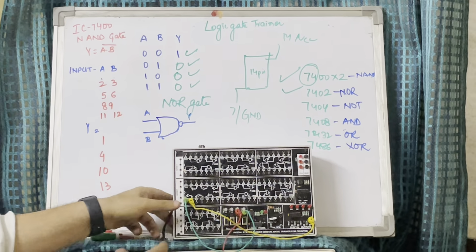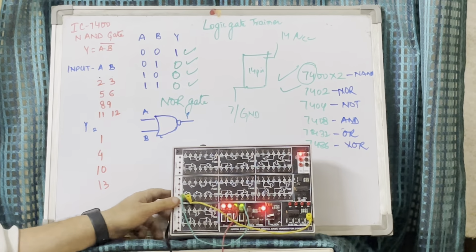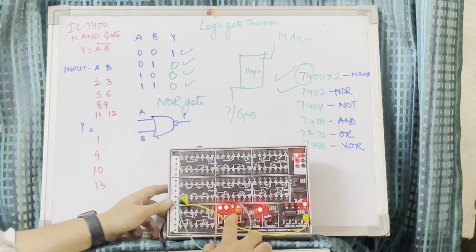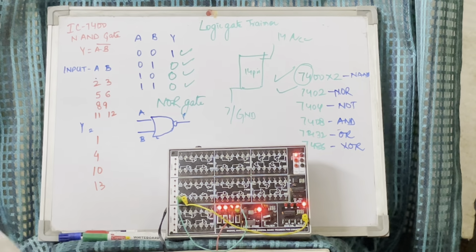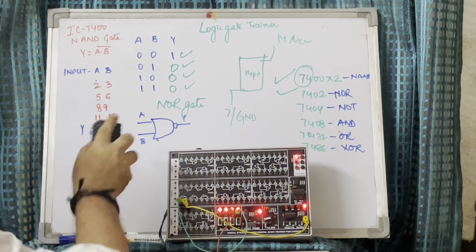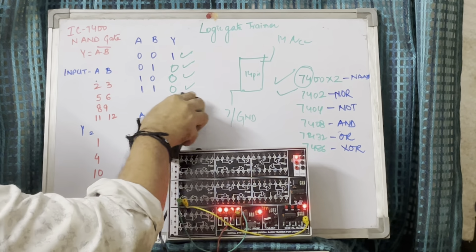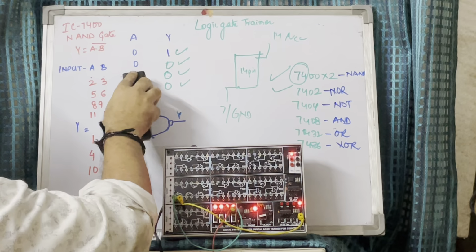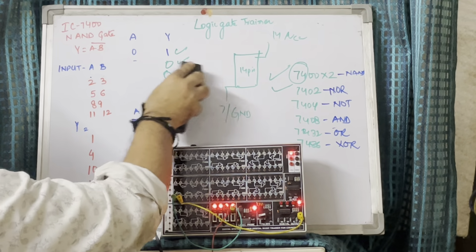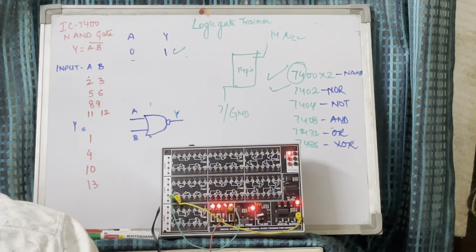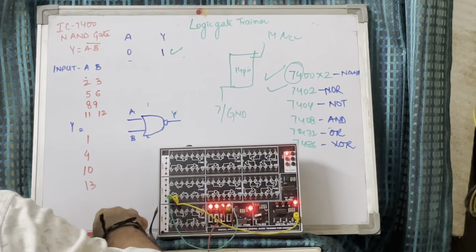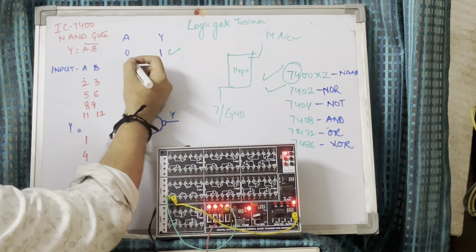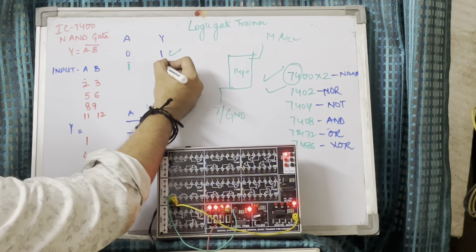Now that we have made the connection, let me make the truth table. There is only one input and there can be only two states, one is 0 and another is 1.